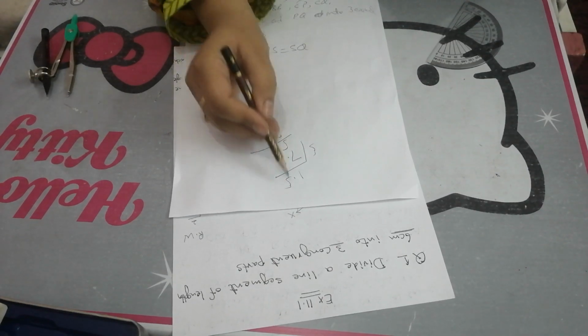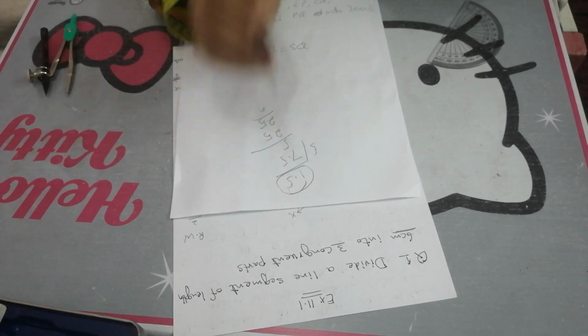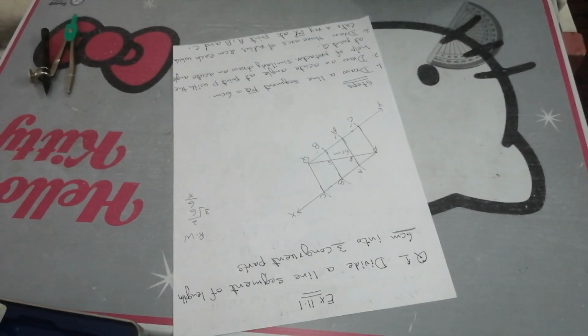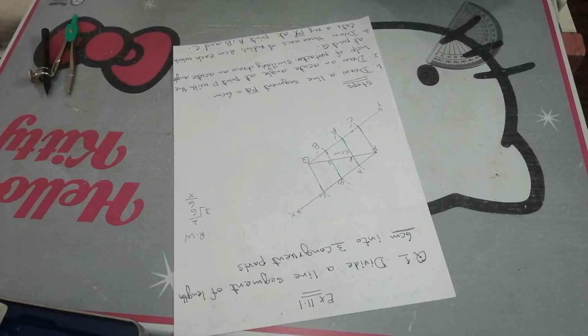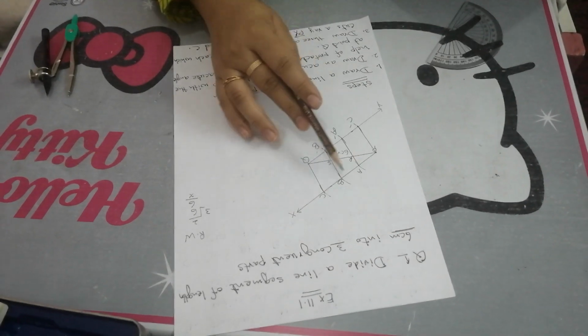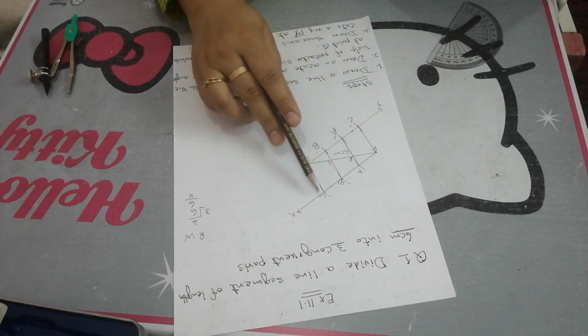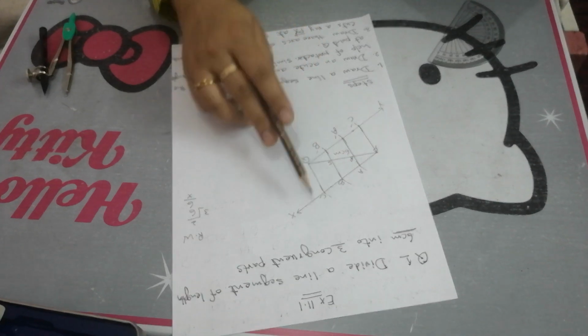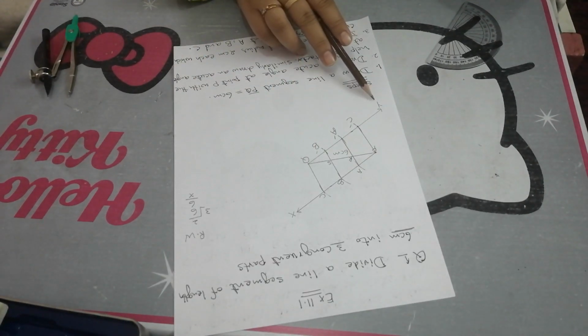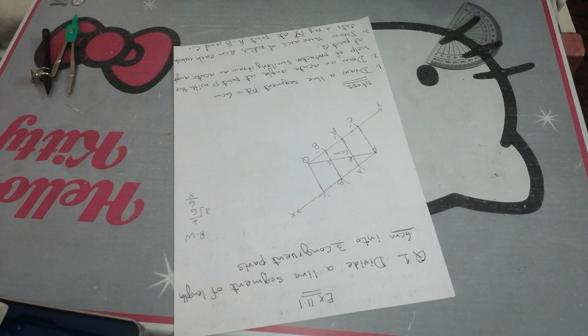So how much do you open your compass? 1.5 centimeter. When you draw an acute angle like this, you draw arcs of radius 1.5 centimeter. 5 arcs you draw on this side and 5 arcs on this side. When you join, you get the 5 congruent parts.